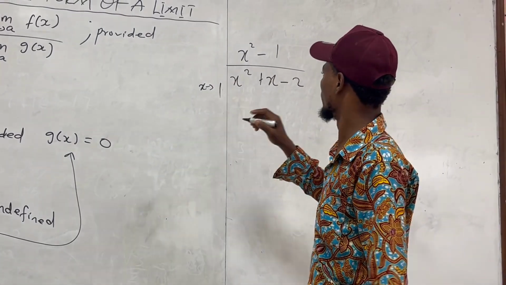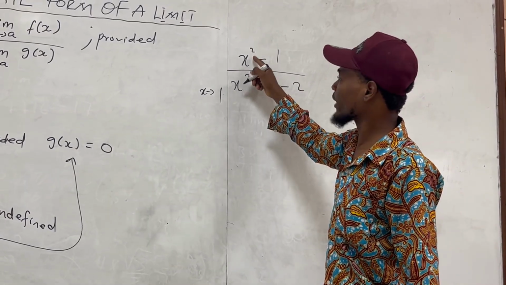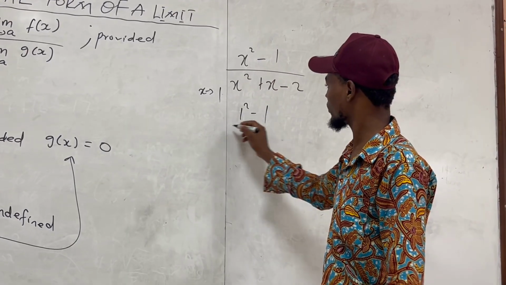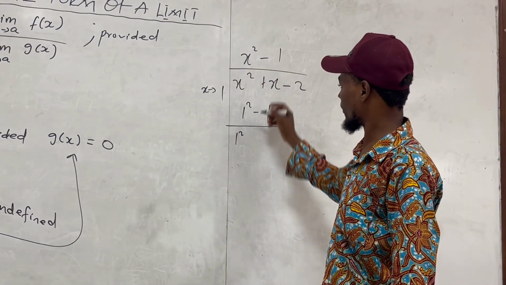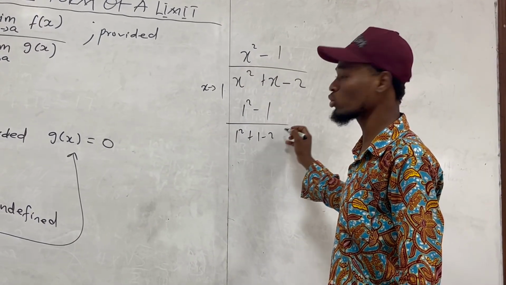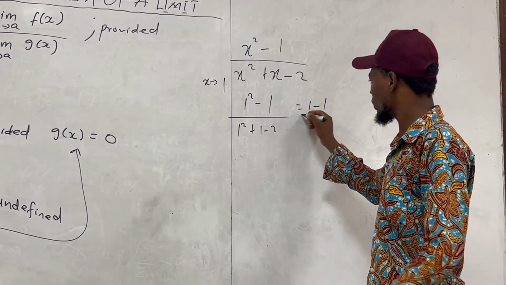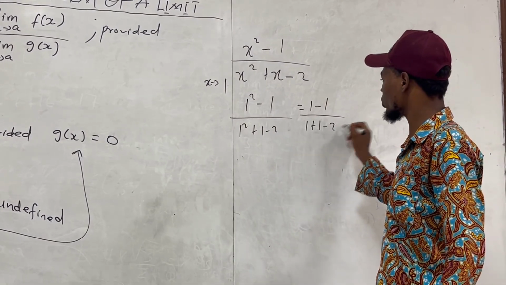Let's see what happens. Wherever I see x, I put 1. So I have 1 squared minus 1, all over 1 squared plus 1 minus 2. 1 squared means 1, then minus 1, all over 1 plus 1 minus 2.